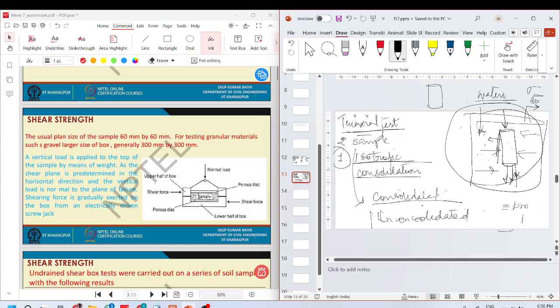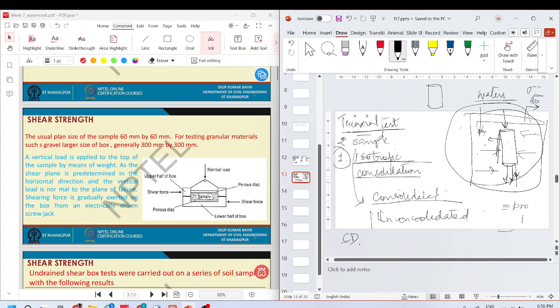So, Arav, your question is why the CD test is long? Because in sands, even when we say fast drainage, you will wait at least 1 day for consolidation to take place, but clays may take even up to 3 months for complete consolidation.